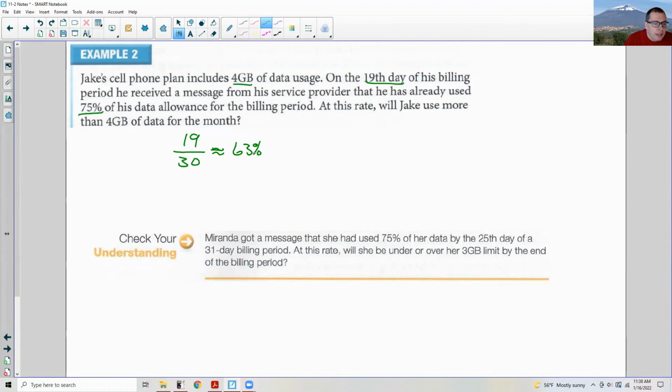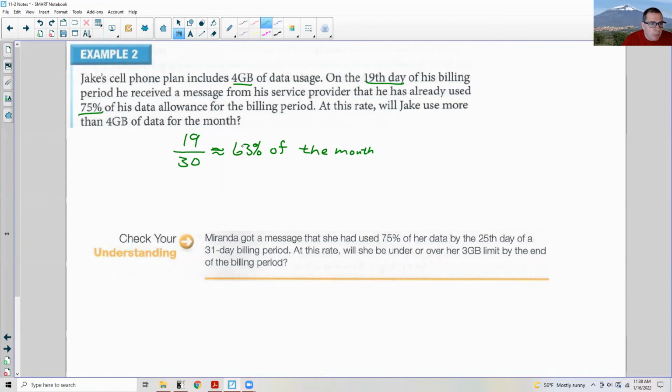So that's 63% of the month. 63% of the month has gone by. So we know 63% of the month has gone by. He's used 75% of the data in 63% of the month.